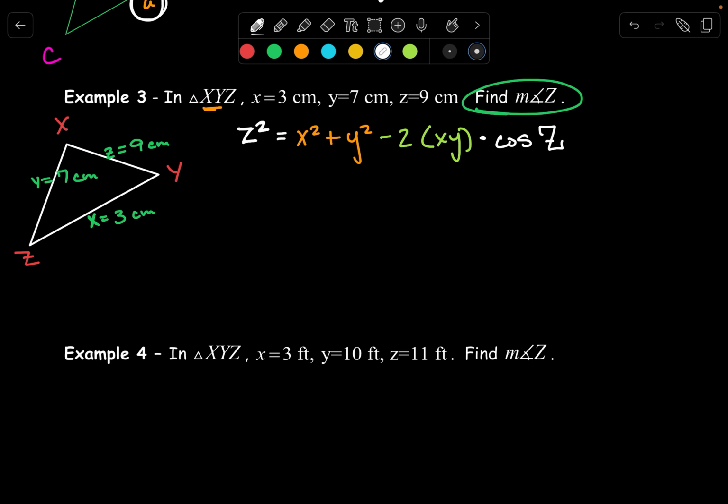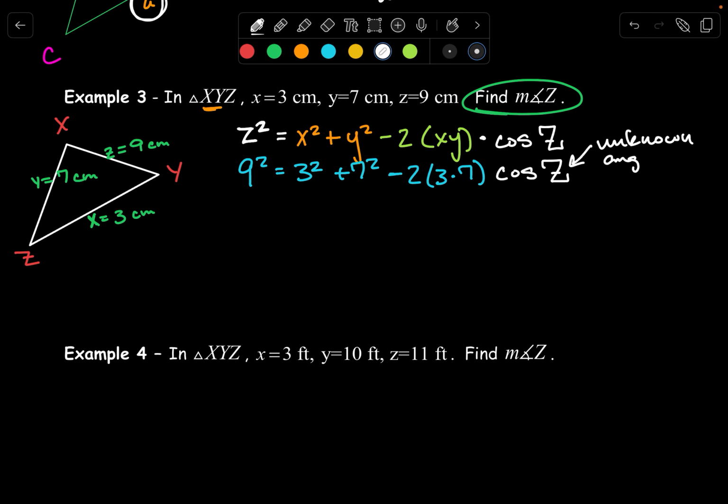Now, next step is going to be to plug in what I know. When they give you all the sides, you should be able to replace all the lowercase letters since you know them. What you will not be able to fill in is the cosine of the capital letter. I do not know Z. I am looking for this unknown angle.